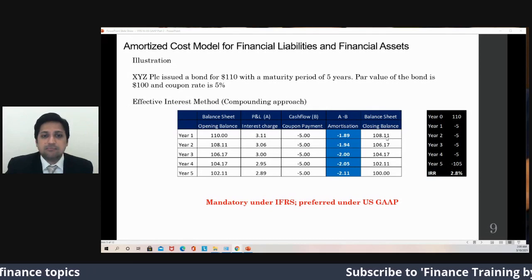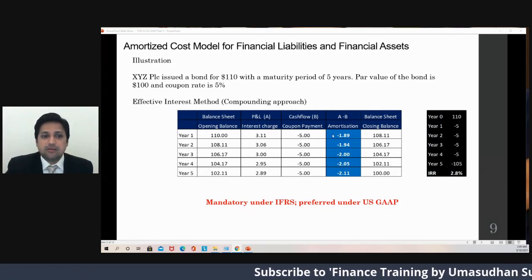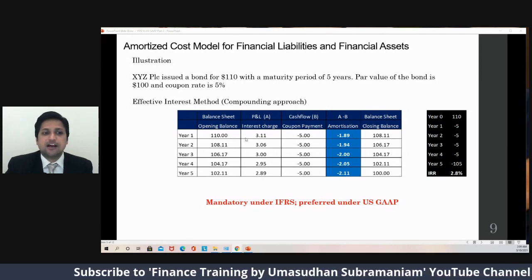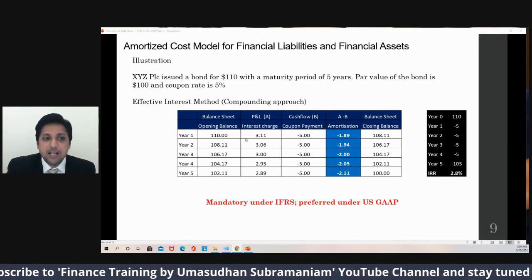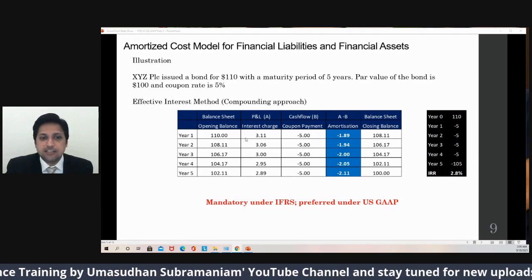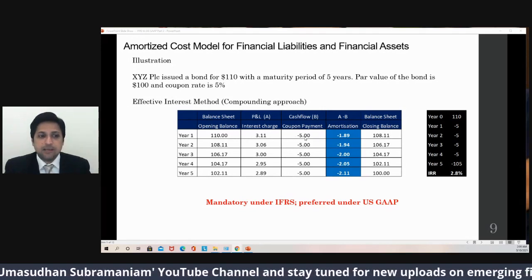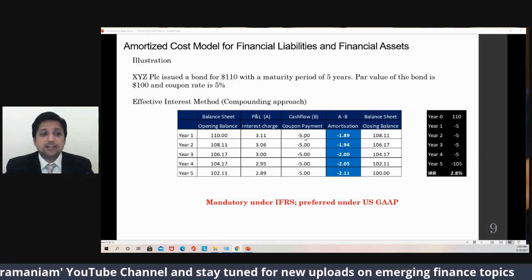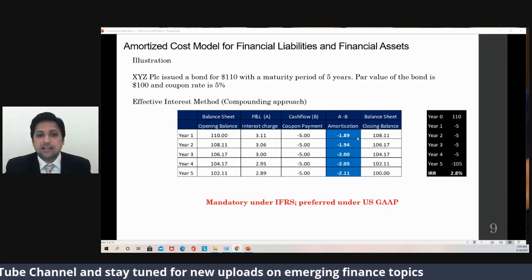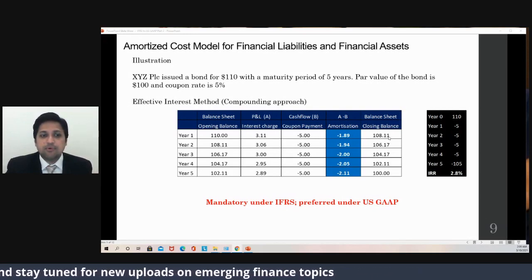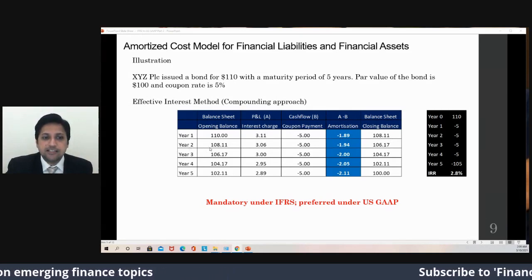So your closing balance is going to be your opening balance of 110 plus the interest charge that goes to your P&L based on effective interest minus the coupon payment that you make to the investors, and the closing liability will be 108.11, and that becomes the opening liability for the next year.